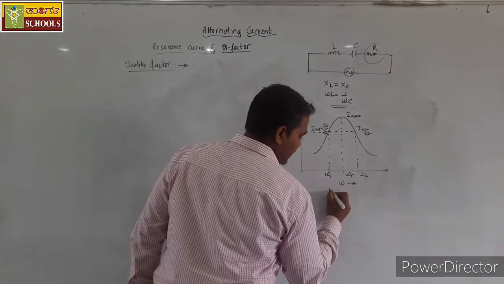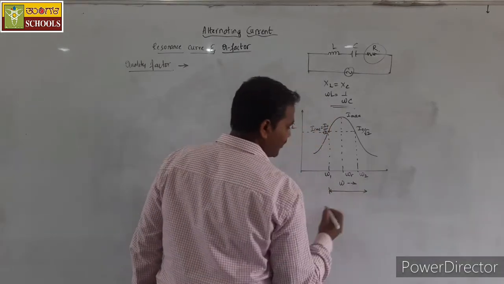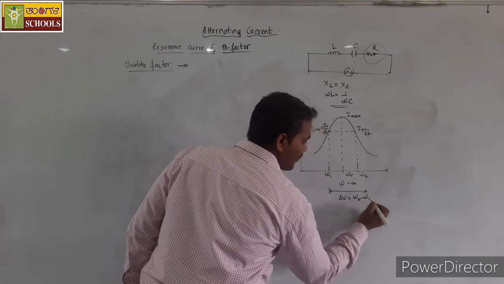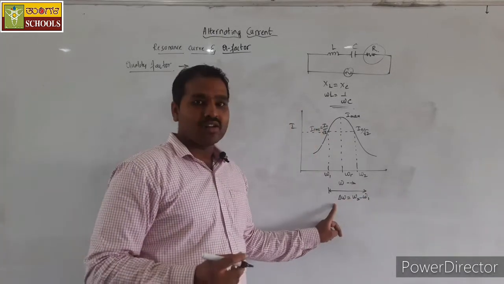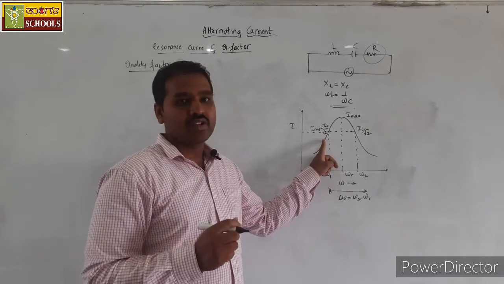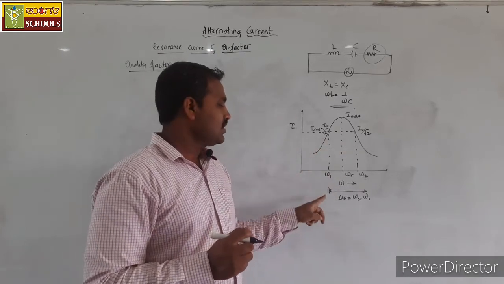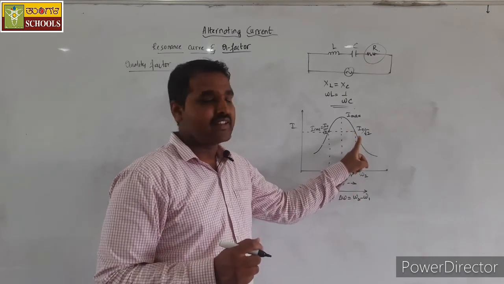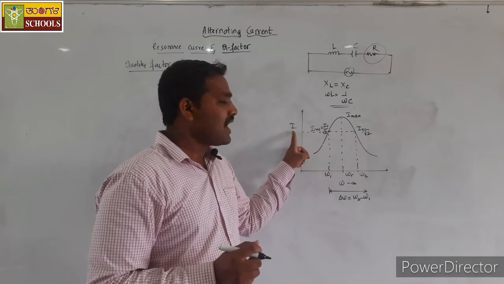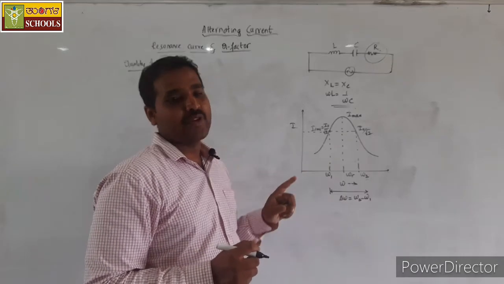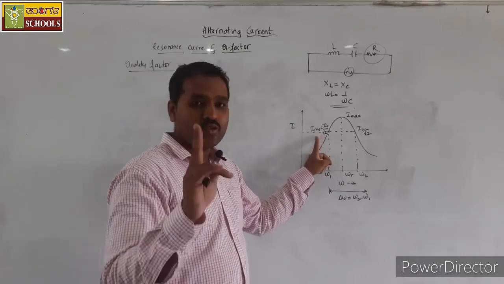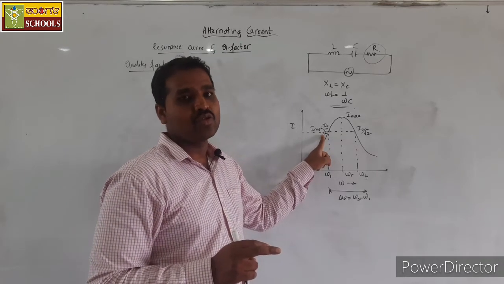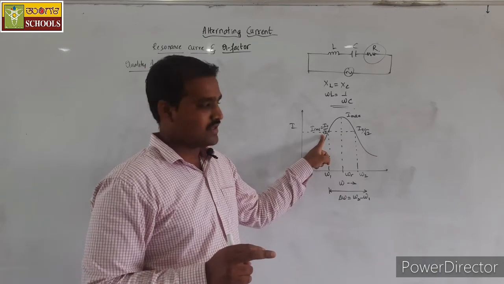So the difference between these two values of the frequencies, that is delta omega, which is equal to omega 2 minus omega 1, is called bandwidth of this resonant curve. So the bandwidth is the difference of the frequencies corresponding to the RMS value of the alternating current. We can observe here we will have two values of the frequencies at which the current is equal to I naught divided by root of 2 or IRMS.